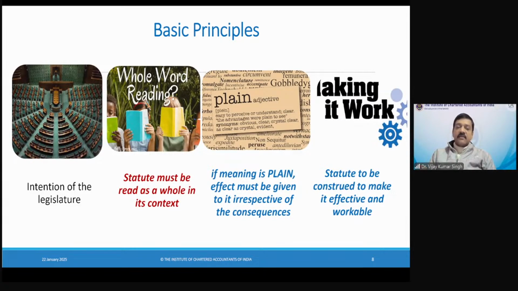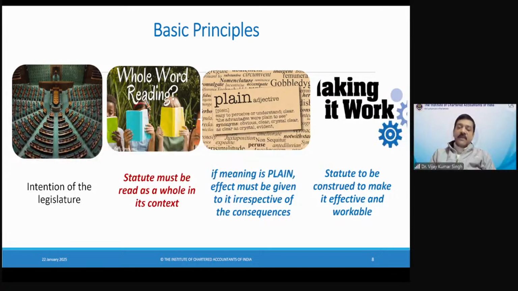Similarly, the other principles say a statute must be read as a whole in its context, and generally you will go by plain meaning. So you will not go into a meaning which is inherent or deep, or try to conceptualize in your mind some meaning which is not meant in the plain text. That is not expected, and plain meaning is the basic principle.